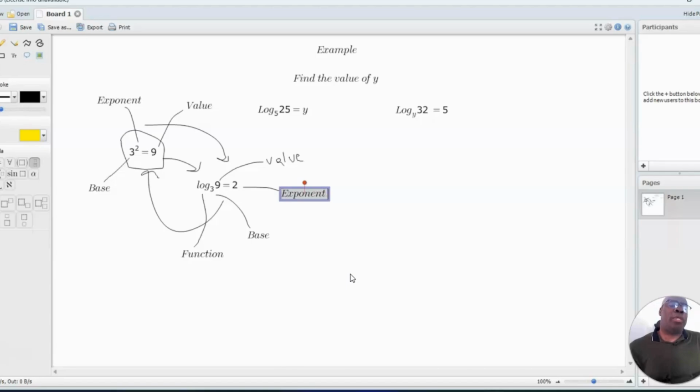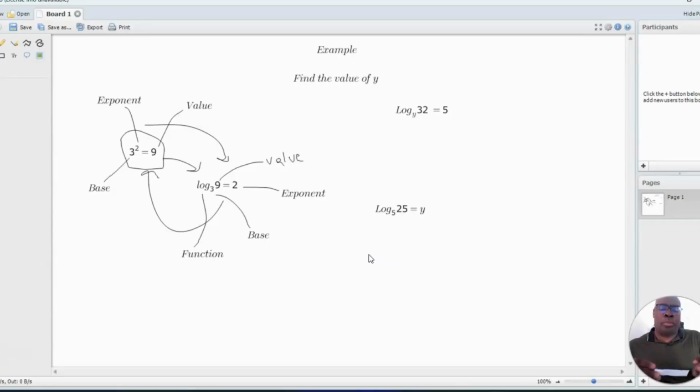Alright, so I'm going to use a hands-on method now to show you how to deal with this one. If you notice, I had a rectangle paper here. I hope you can see it. I wrote log 5 of 25. There you go, so you can pause the video and do that.